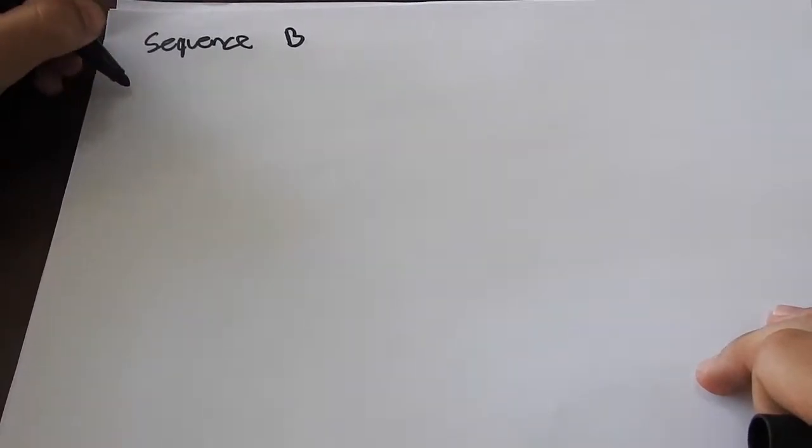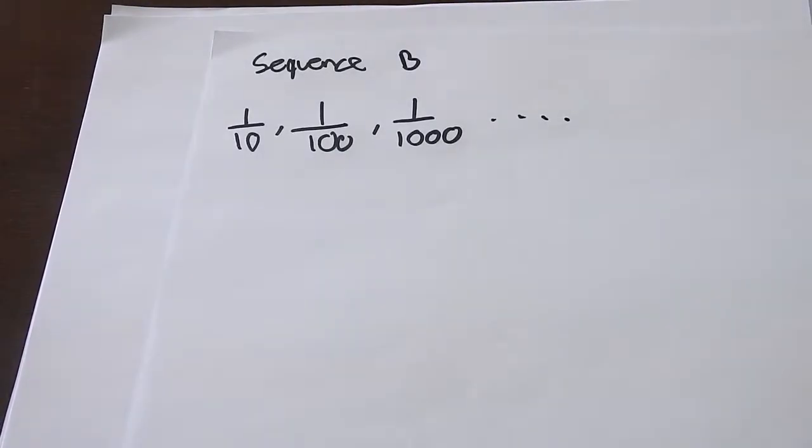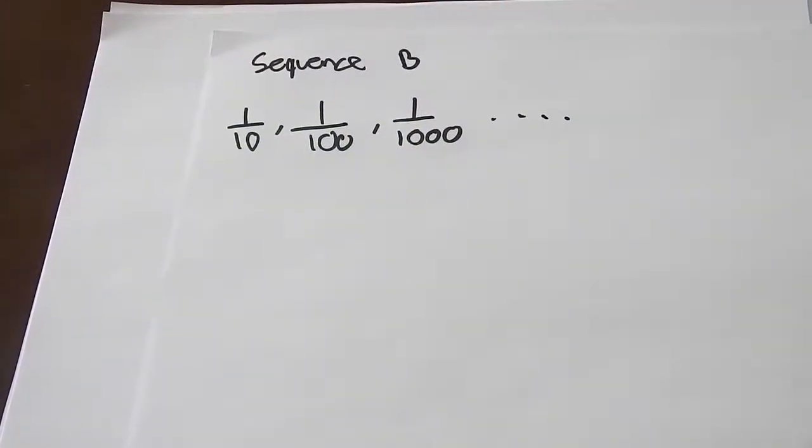Now, we have sequence B. We have, for example, 1 over 10, 1 over 100, 1 over 1,000, and so on. So we have fractions.